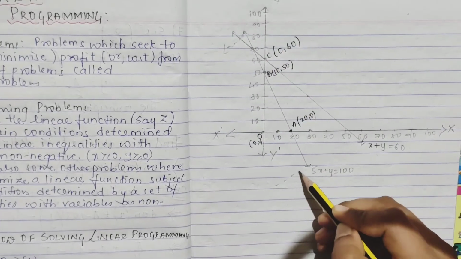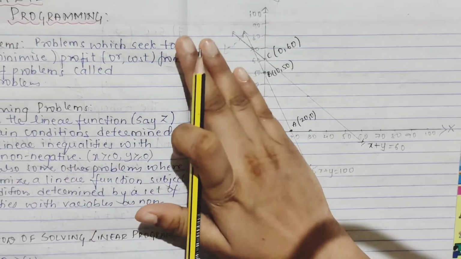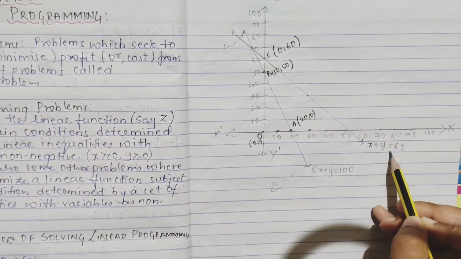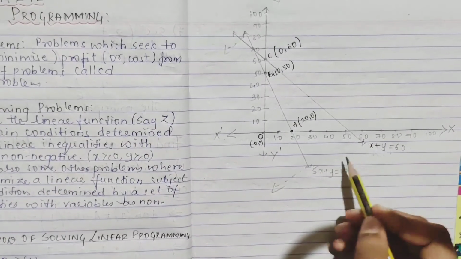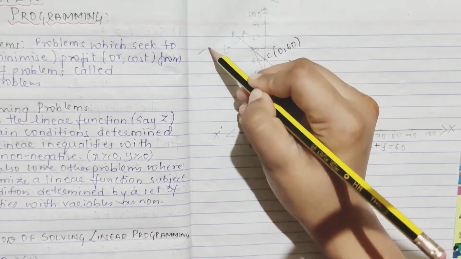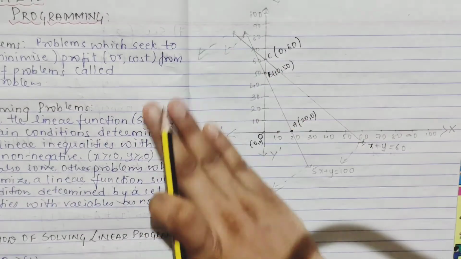Just consider the positive side. Now for this equation, if you put 0, 0 here also, it is satisfied. So this also lies on the origin side, so you're considering this region only.